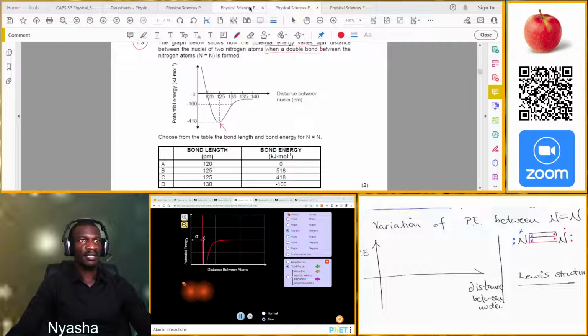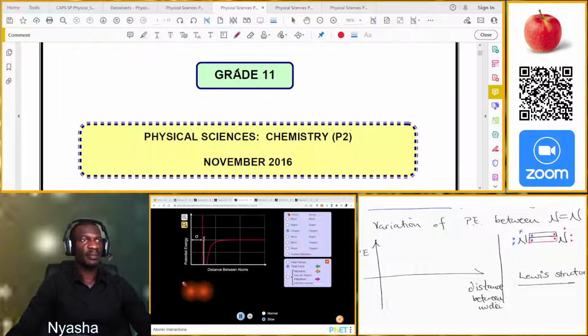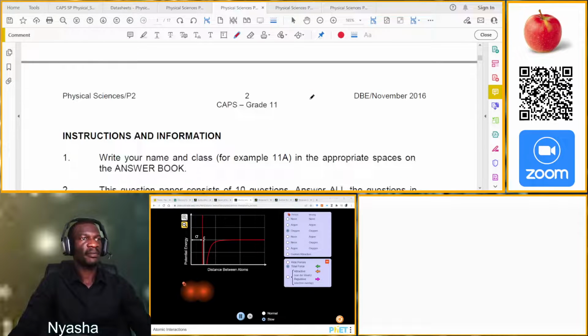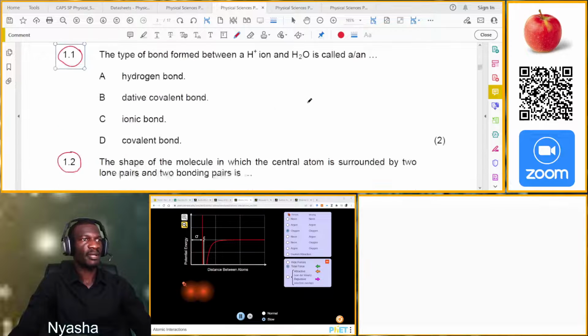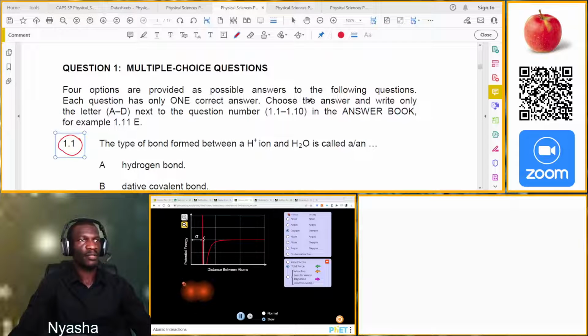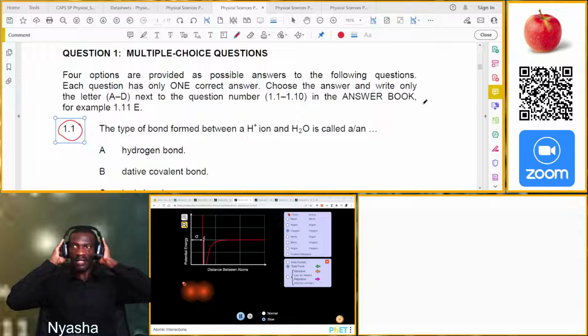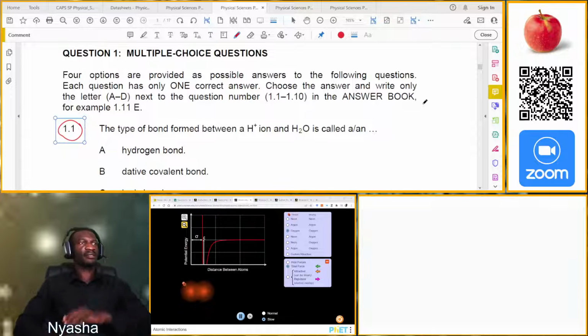Right, let's jump on to the next paper. We are now on the 2016 paper. So these are also questions that have to do with bonding.